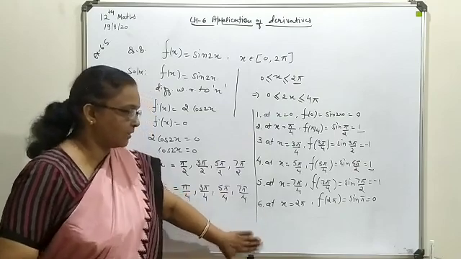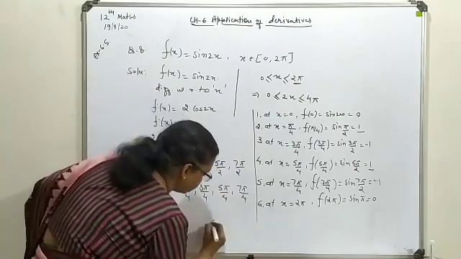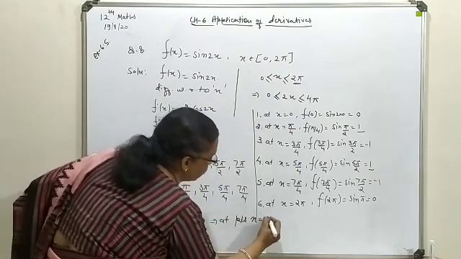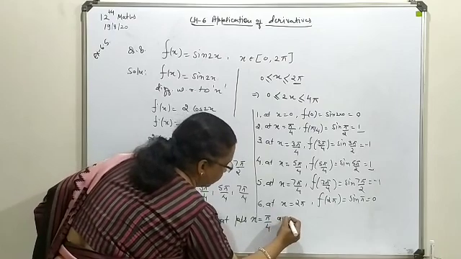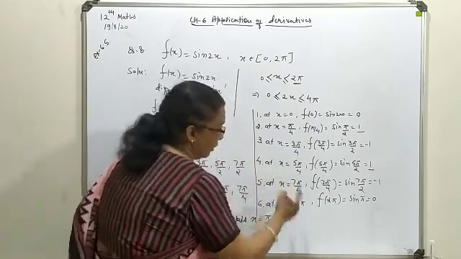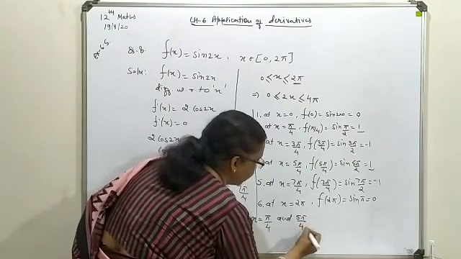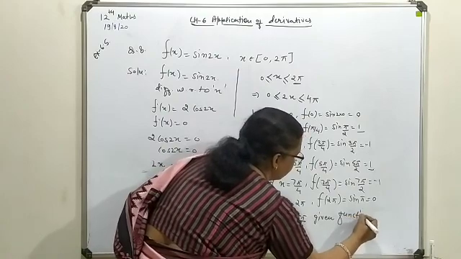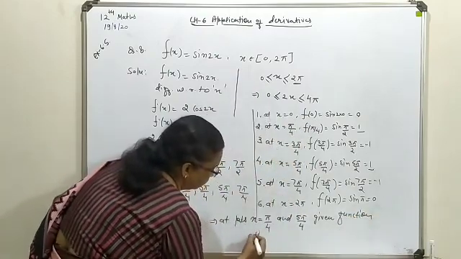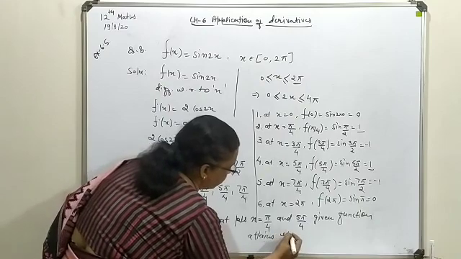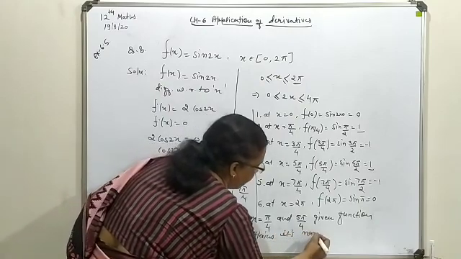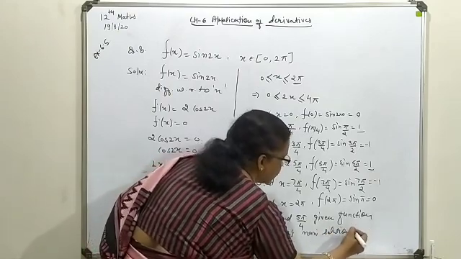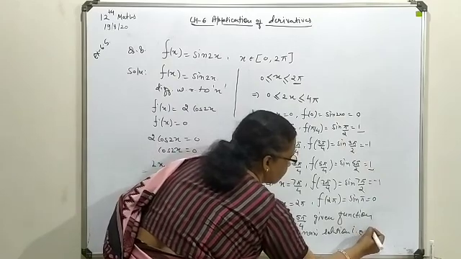So let's conclude with one statement: therefore at the points x is equal to pi by 4 and 5 pi by 4, the given function attains its maximum solution, that is 1.